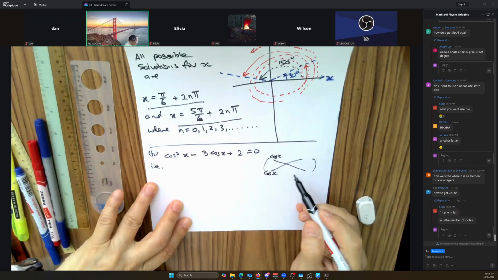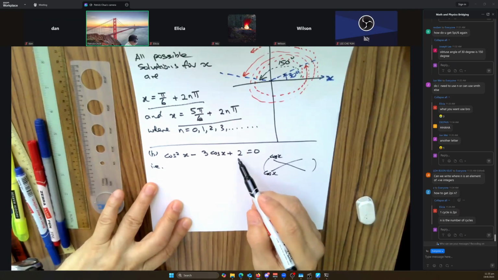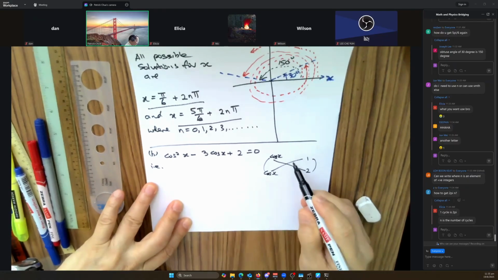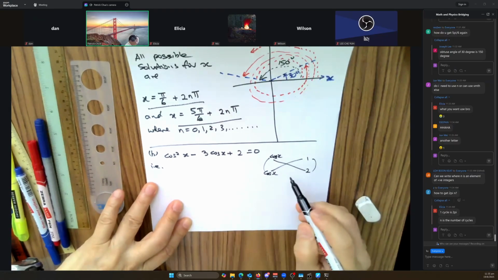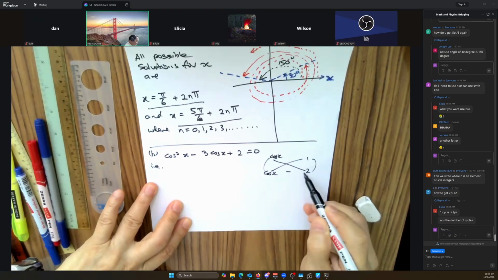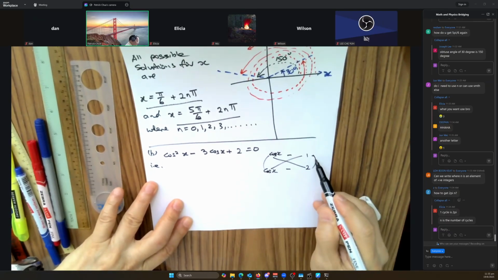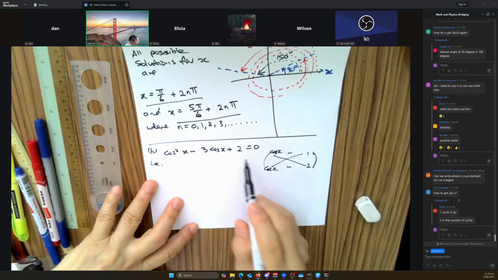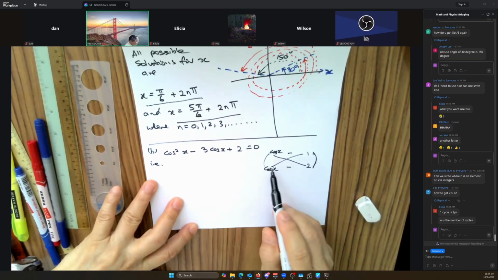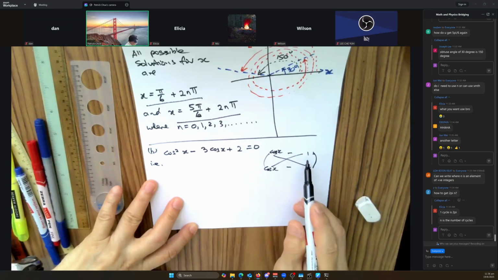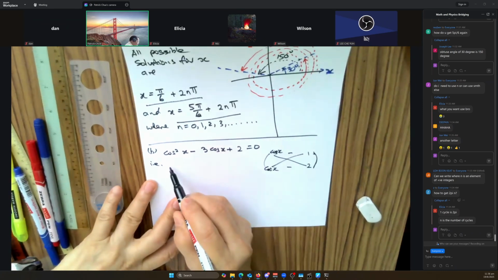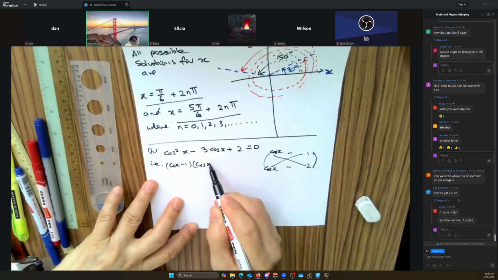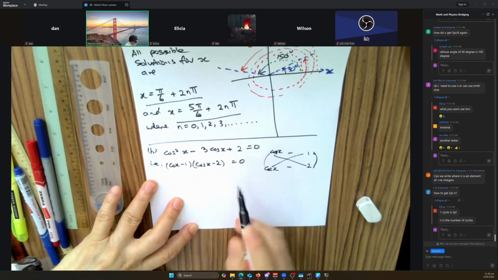And here is plus 2. So plus 2 can be 2 and 1, and you have to see which one should be minus and which one is plus. But it's plus 2, you see, so it's minus 2 times minus 1 gives you plus 2. We'll look at the bow tie method later on in the course to refresh your memory. So this can be factorized into cos x minus 1 times cos x minus 2, equal to 0.